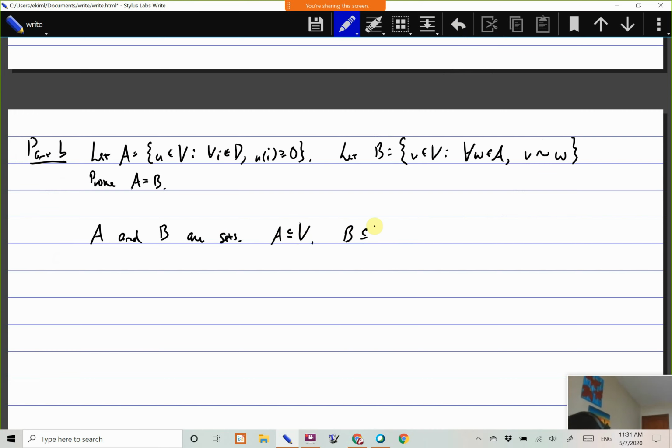Okay, and then remember, let's take a look at what we want. We want U to belong to B. That's what we said over here. But take a look at how B is defined. This V that appears here is a placeholder variable. We should place in there this U, right?